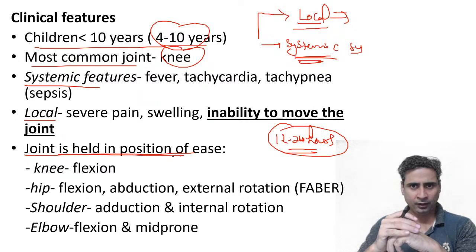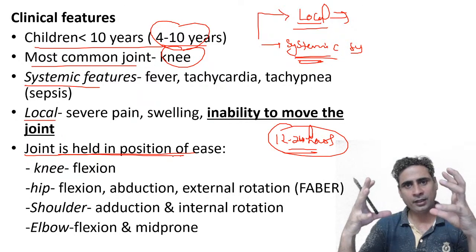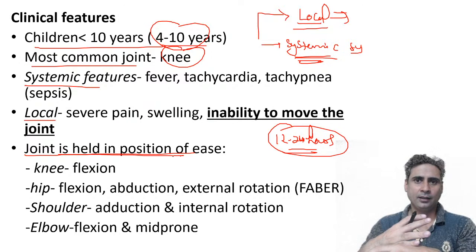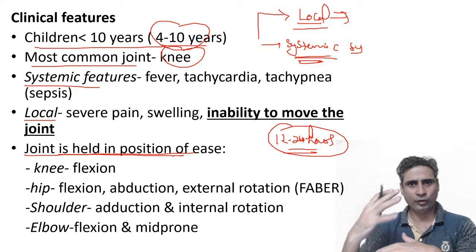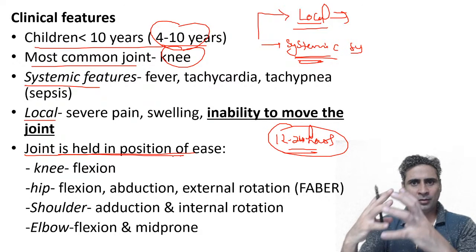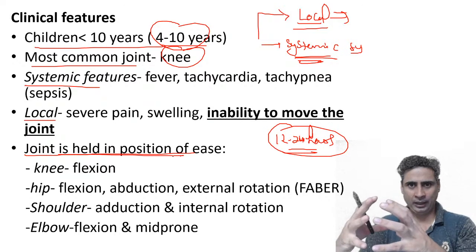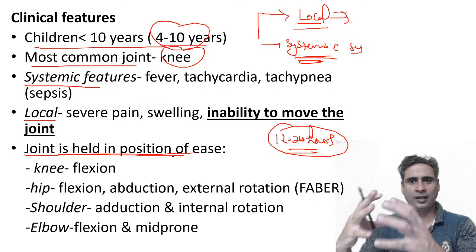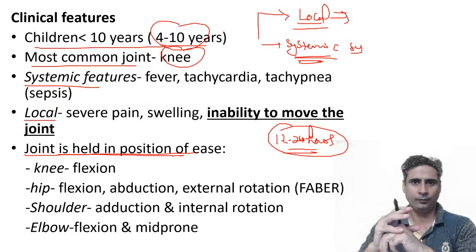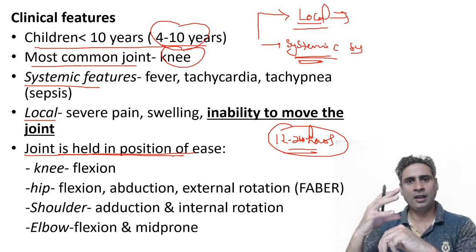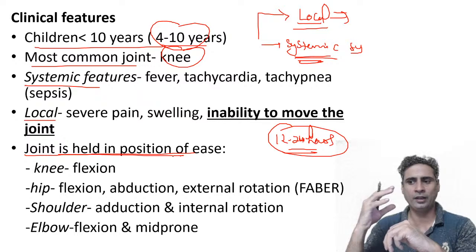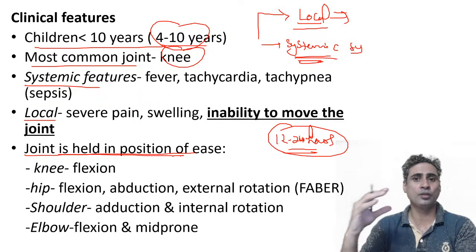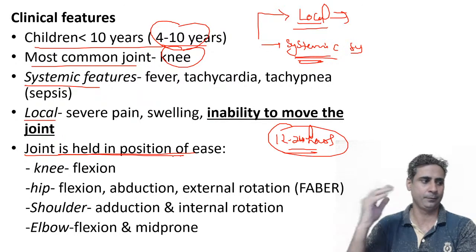To avoid that, the patient will try to keep the joint in a position where maximum synovial fluid can be accumulated without causing stretching of the capsule. That position is known as position of ease or position of maximum capacity.